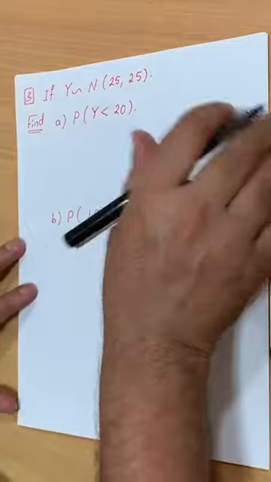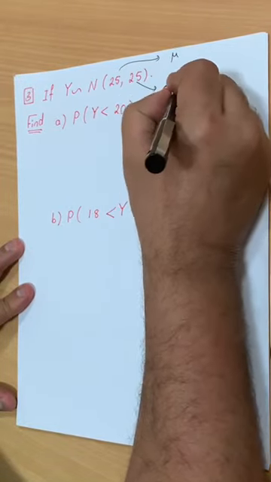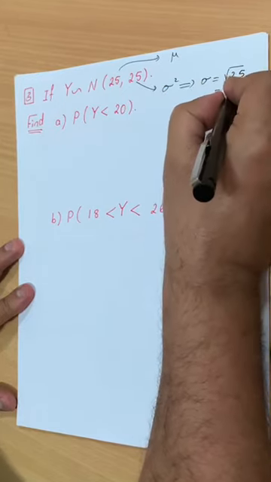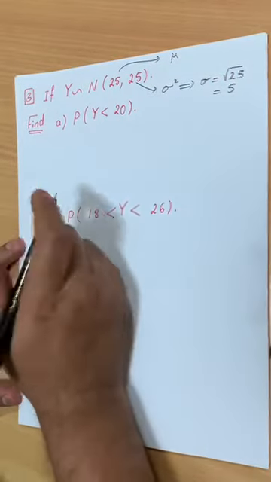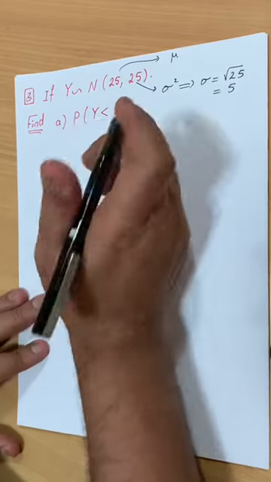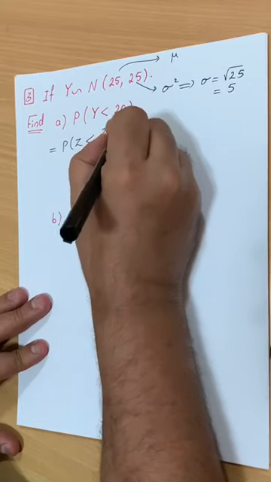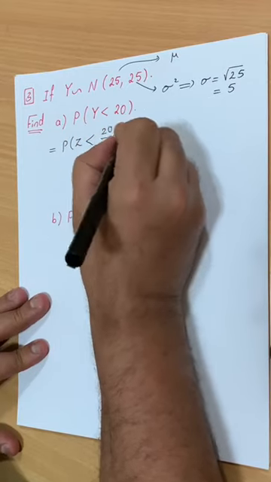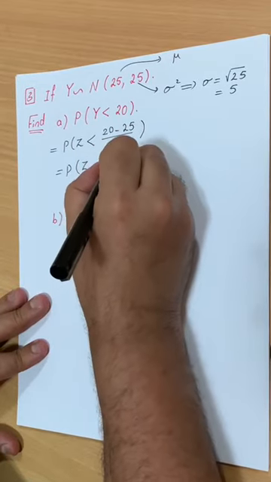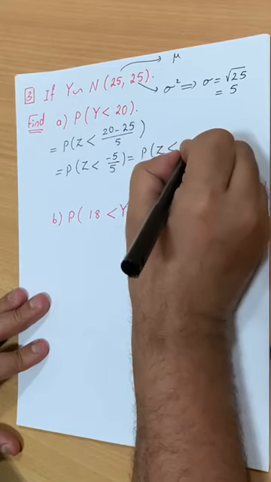Question 3 was the same idea. This is mu. This is sigma squared. So if you want to find sigma, you take the square root of 25, which is equal to 5. Now we have sigma and we have mu. Convert the random variable, represented as y here, to the normal distribution. So it's Z less than 20 minus 25 over 5, which is equal to Z less than negative 5 over 5, which is equal to the probability of Z less than negative 1.